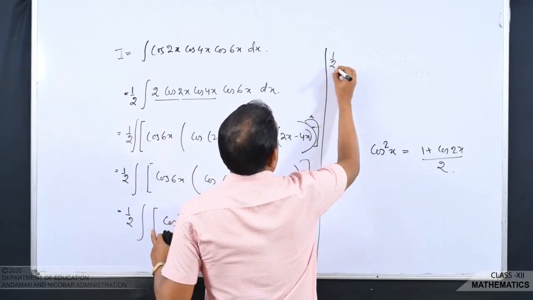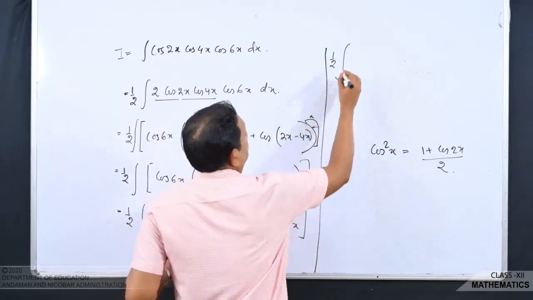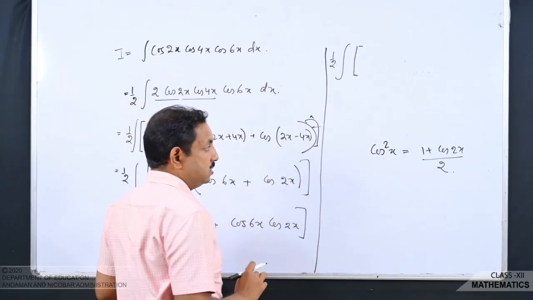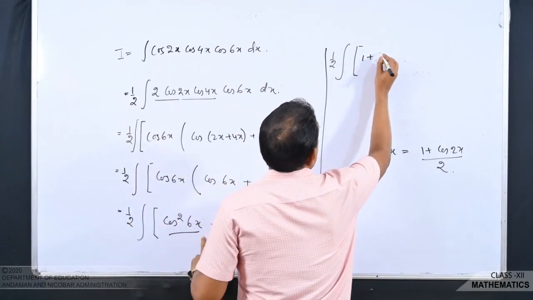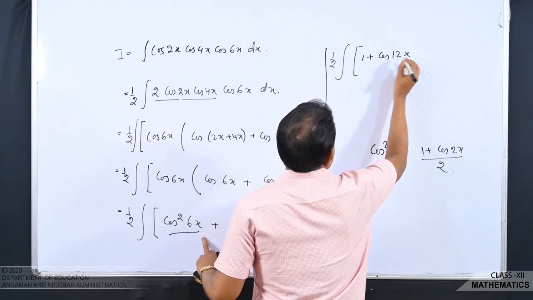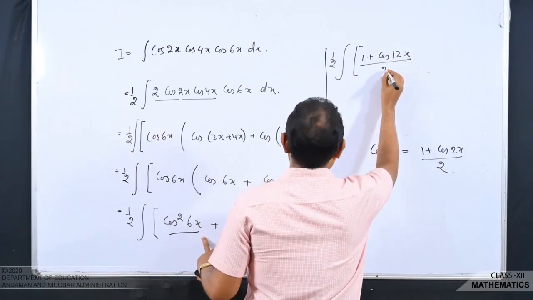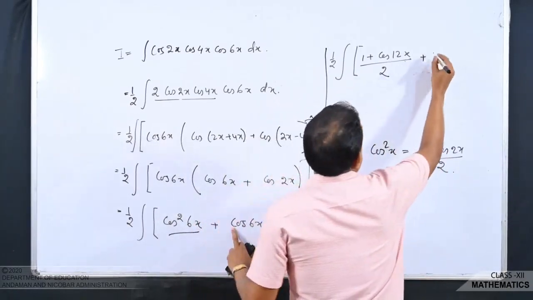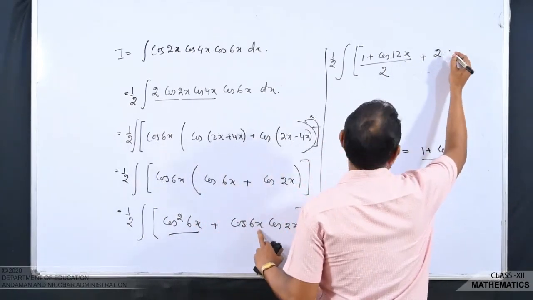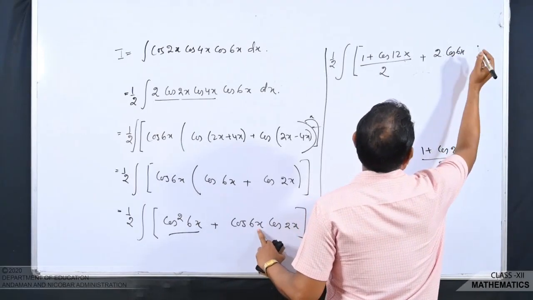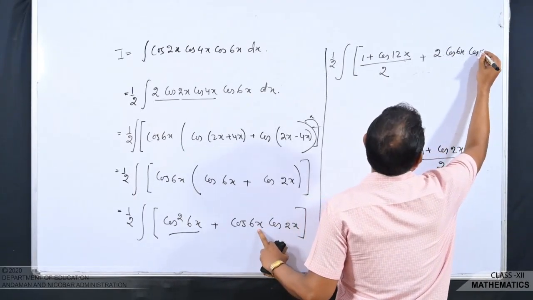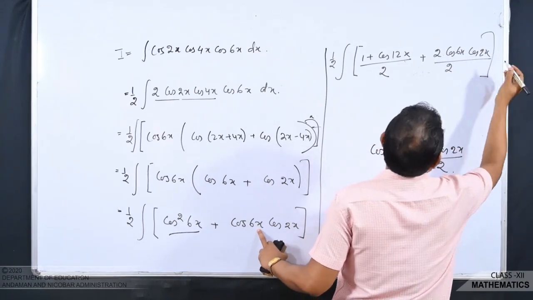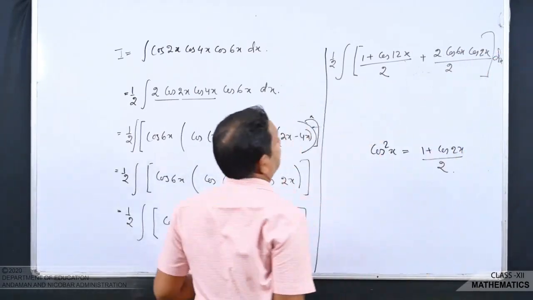1/2 integration, that is cos square 6x. Cos square 6x can be written as (1 plus cos 12x) divided by 2, plus, again I am multiplying 2 here, that means cos 6x cos 2x, full divided by 2, and over this we have dx.